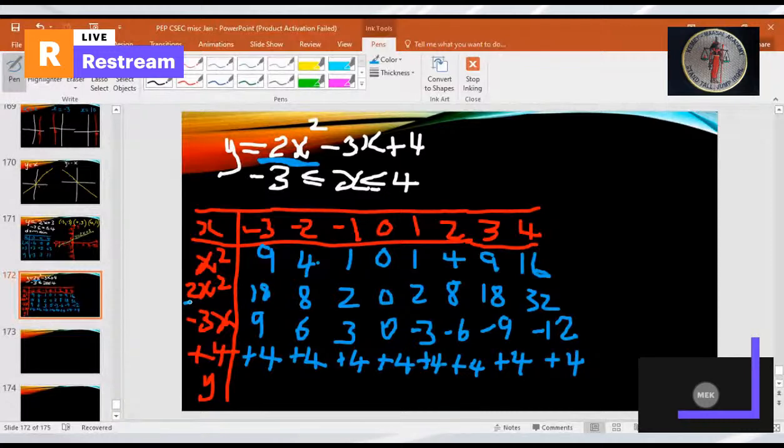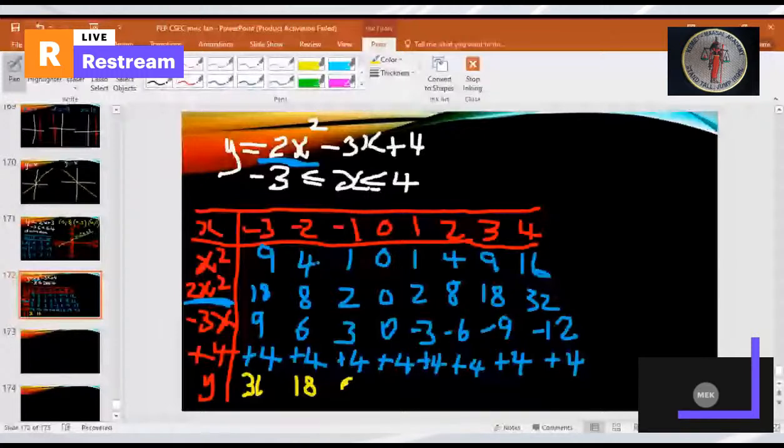So we're going down. From the 18 plus 9 is 27, plus 4 is 31. 8 plus 6 is 14, plus 4 is 18. 2 plus 3 is 5, plus 4 is 9.